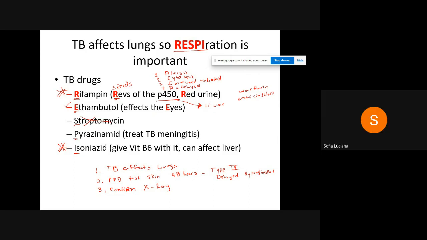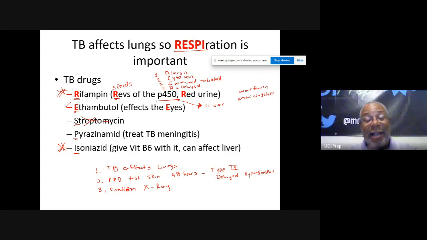Because rifampin speeds the P450, which means that it speeds the metabolism, and warfarin is metabolized in the liver as well. That's why warfarin is not going to stay as long as it's supposed to. I love what you said.